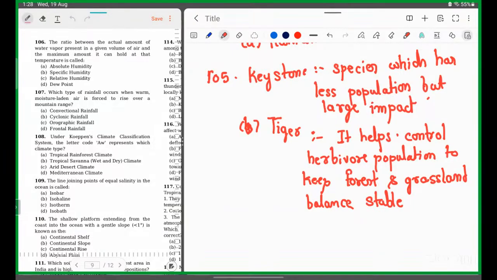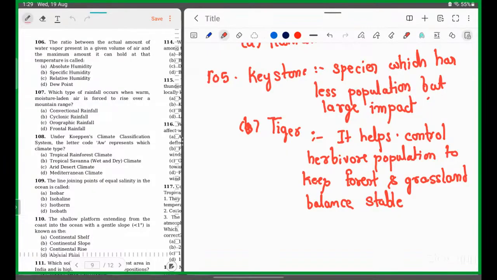So first let us learn what relative humidity is. It is the ratio of current water vapor to the maximum possible amount at the temperature. We put the current water vapor on top, and below we take the maximum amount of water vapor that the place can contain. That is called relative humidity.